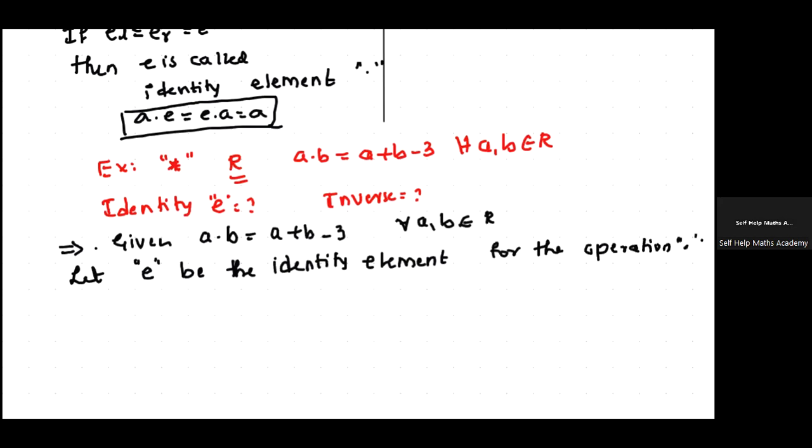As per the definition of an identity element, for any given element A, if I do the binary operation, I should get A. This is valid for all A belonging to R.